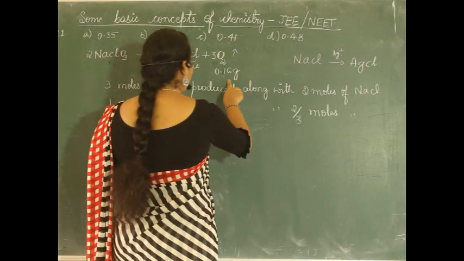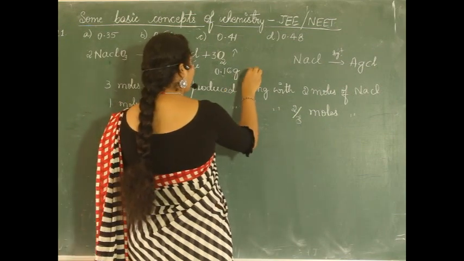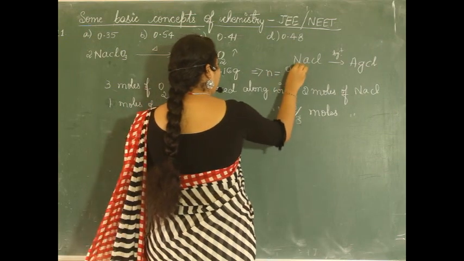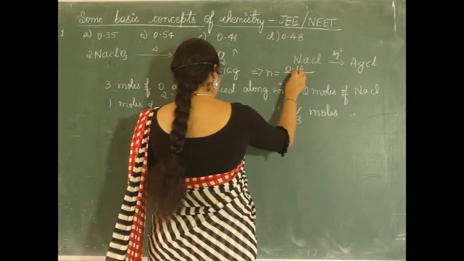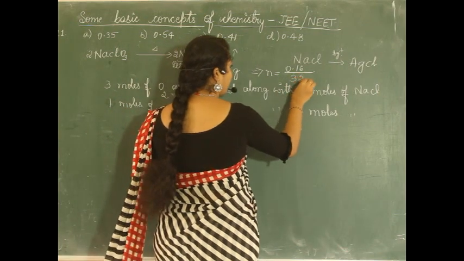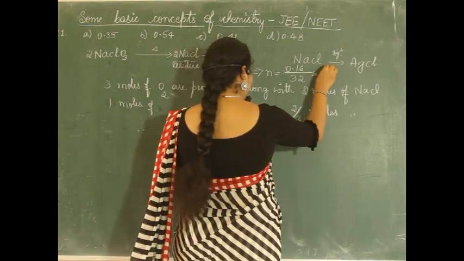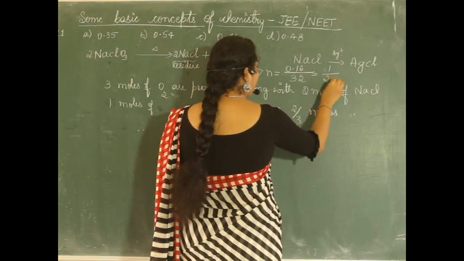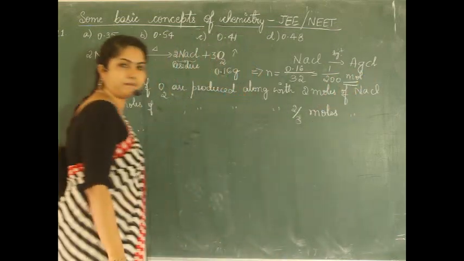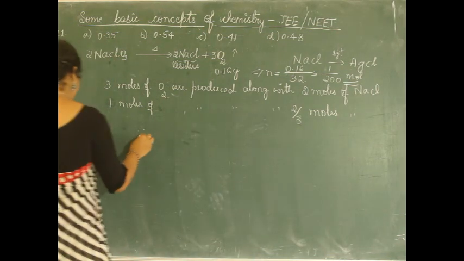let me tell you, convert this 0.16 into number of moles. Number of moles is given by mass by molar mass. Molar mass of oxygen, 16 twos are 32. It comes out to be 1 by 200 moles. Now let us see.